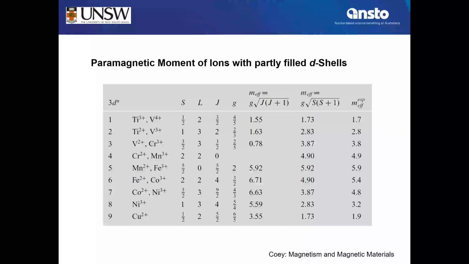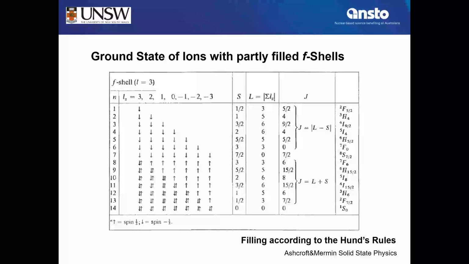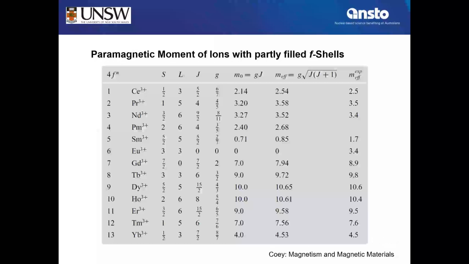So that's the transition metal oxides. For completeness, I also have added the F shell, the rare earth elements. Here, let me just highlight that the spin goes much higher, 3, 3.5, and you can obtain effective magnetic moments of up to 10, which is 2 times higher than for the 3D.